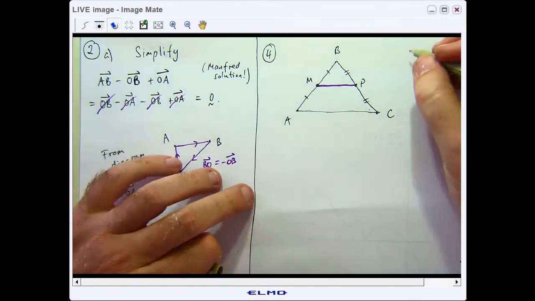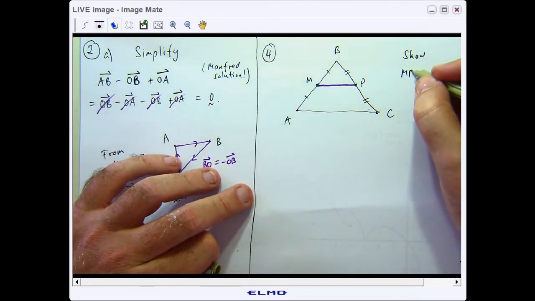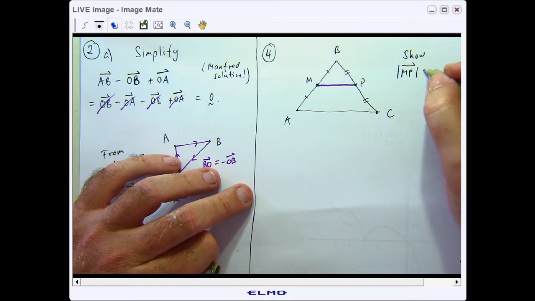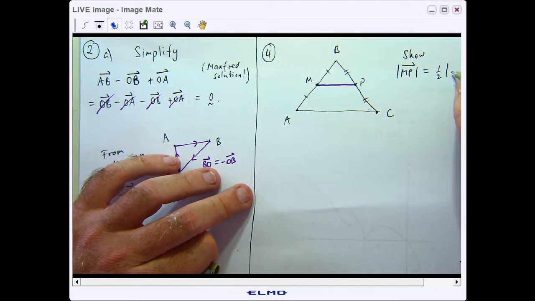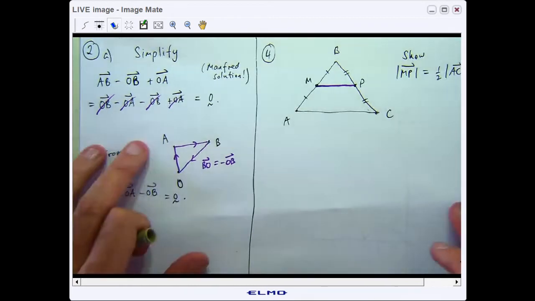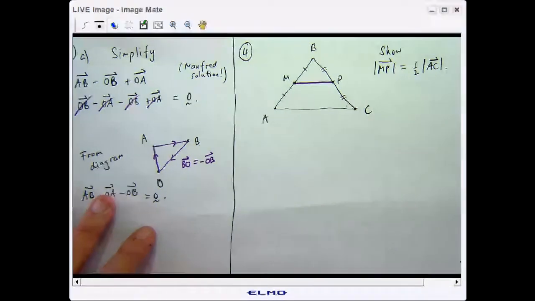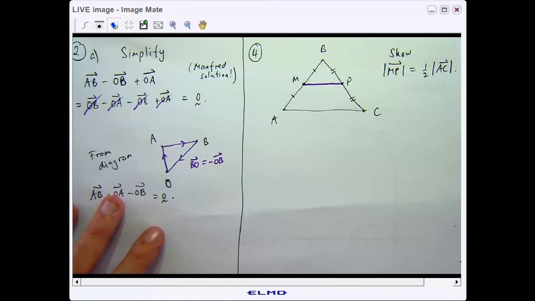So really what they're asking us here is to show that this equals that. And sorry, let me move that over. And the way they do that is they get you to do this in sort of simple steps. Okay? So let's work through this.